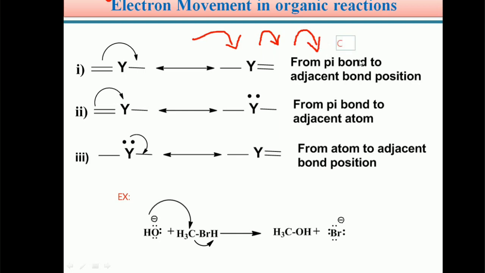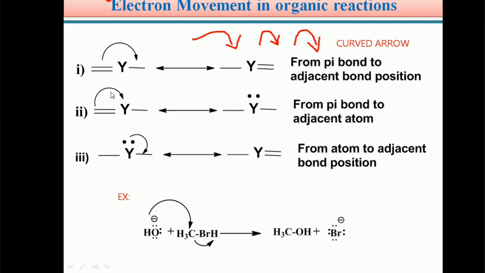Curved arrow notation is used to represent the electron movement in organic reactions. This curved arrow shows the direction in which the electron pair is transferred from one bond to another bond.